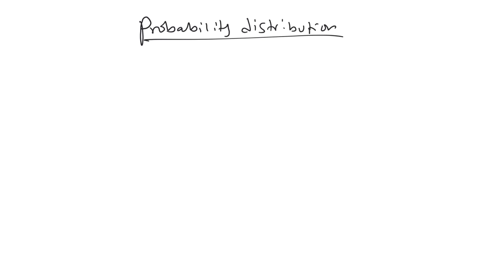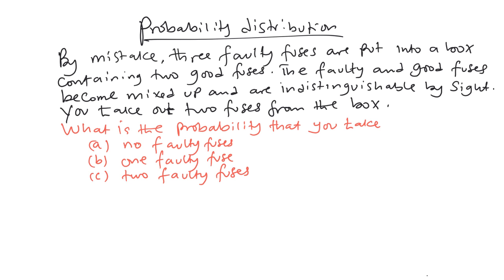So to talk about the probability distribution and understand it fully, we used an example yesterday, and I'm going to bring this back today so we can continue understanding what a probability distribution is. This example is what we discussed yesterday.